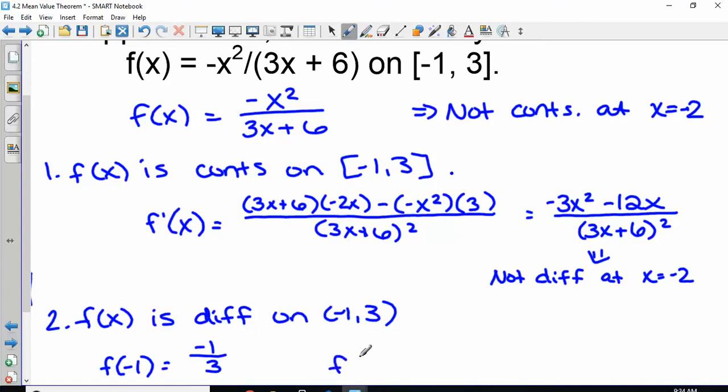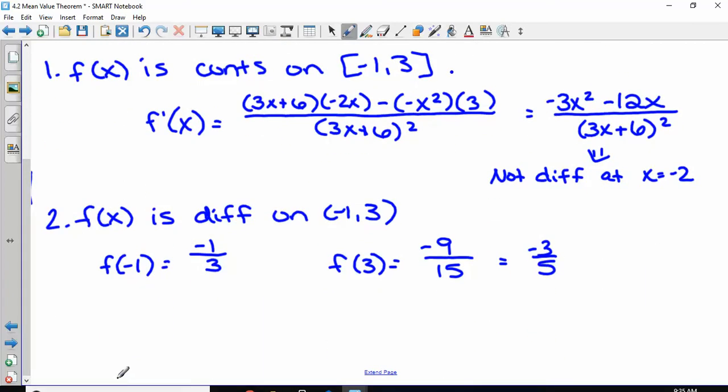We plug a 3 into the original, we get -9 over 9 plus 6, 15, so a -3/5.